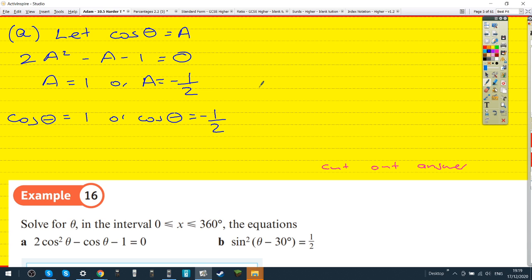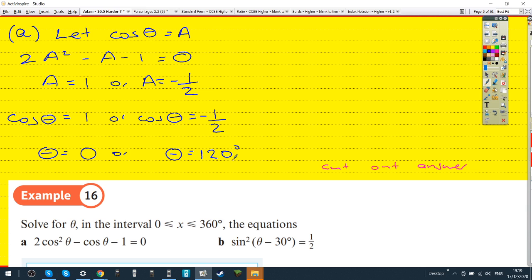Okay. You would do inverse cos on both sides. So the first one would be 0. And the second one would be 120 degrees.